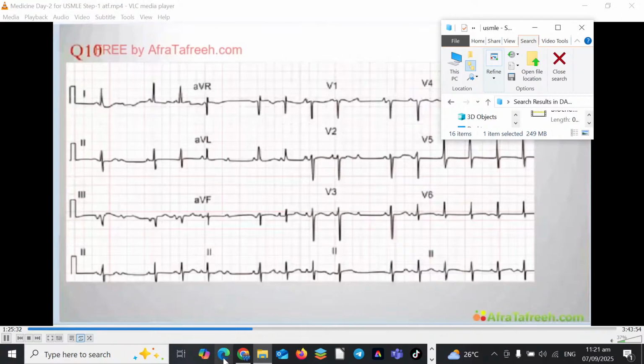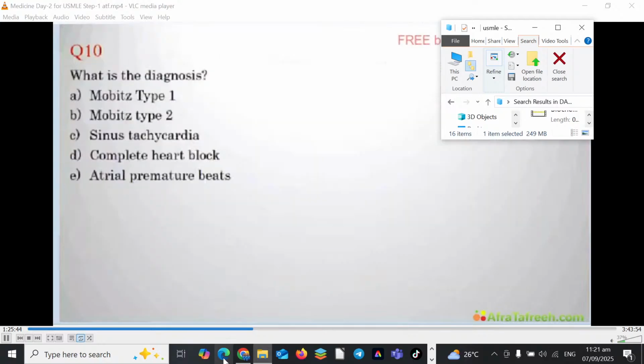Left axis deviation. All right, agreed. What is the rate? Complete heart block, bradycardia. More. I want more answers.